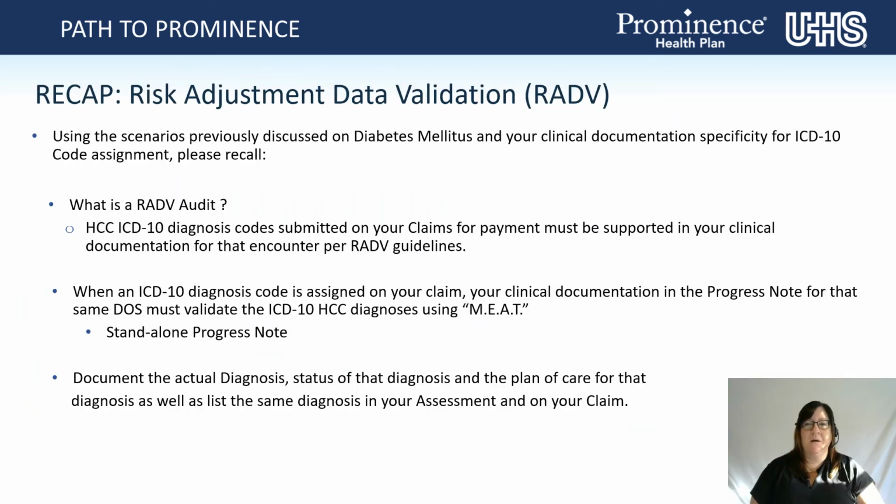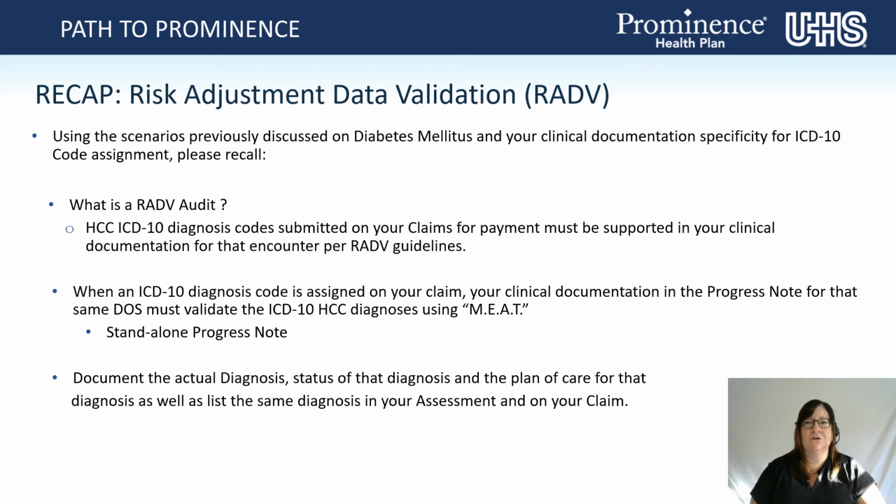A quick recap regarding risk adjustment data validation. What is a risk adjustment data validation audit? The HCC diagnosis code submitted on your claims for payment must be supported in the clinical documentation in your progress note per the risk adjustment data validation guidelines. When an ICD-10 diagnosis code is assigned in your claim, the clinical documentation in your progress note for that same date of service must support that diagnosis code being submitted to the highest level of specificity.